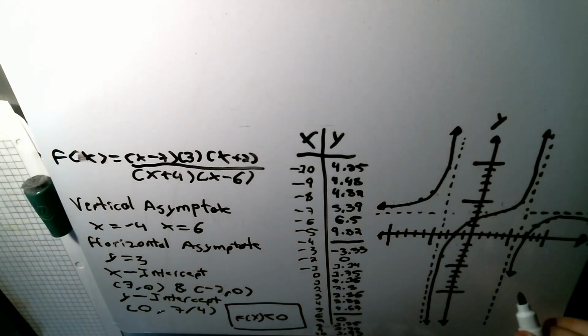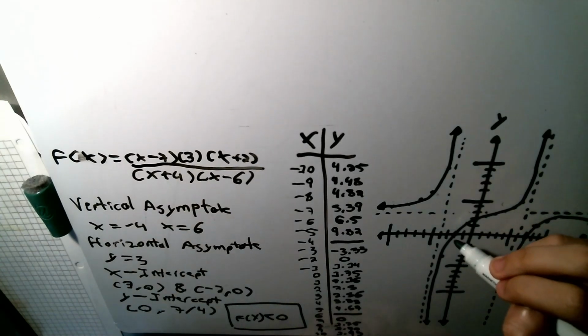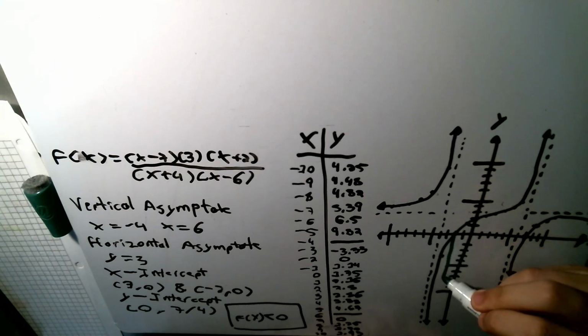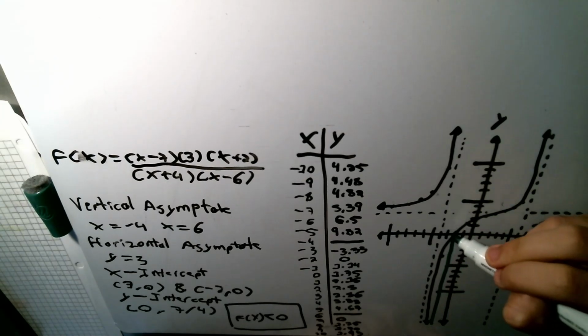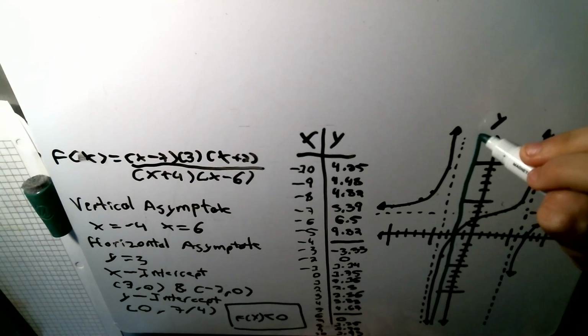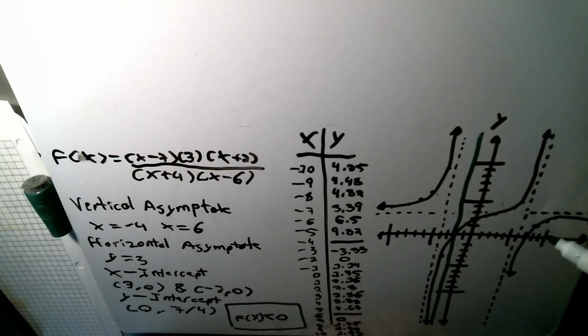The area that we want, which is the area where y is smaller than 0, will be the area that is between the vertical asymptote and the x-intercepts, which will be this part and this other part.